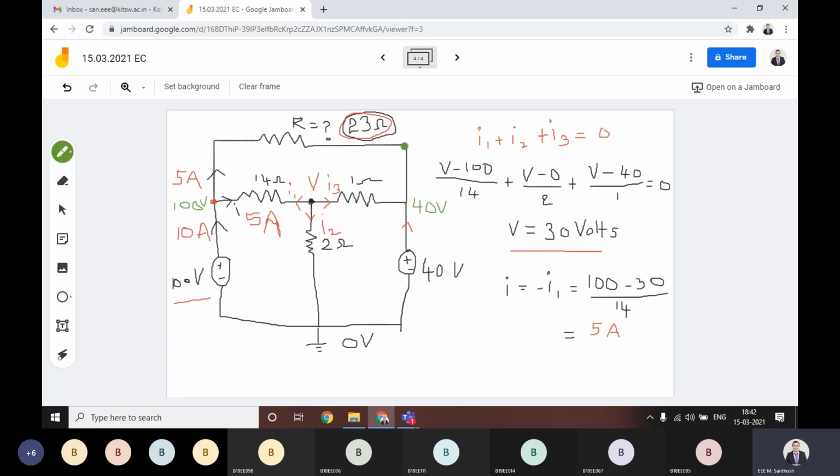Then for this branch, 100 minus 40 is the voltage difference, divided by the current value of 5 amperes. That will give you your R value. Here R is equal to 12 ohm.